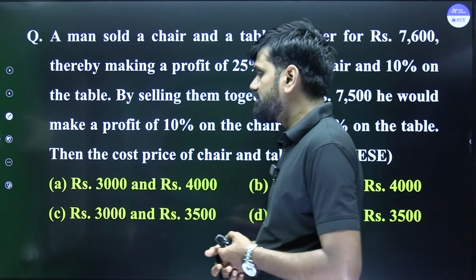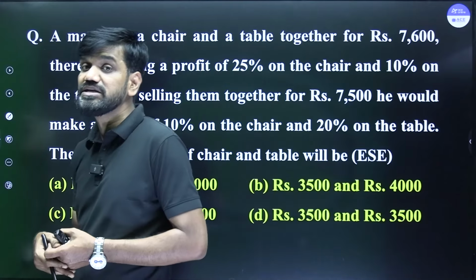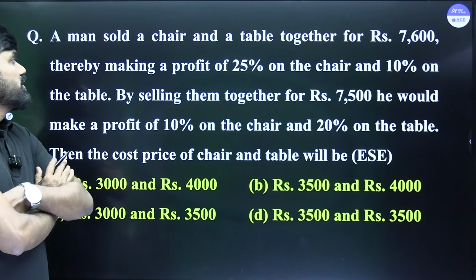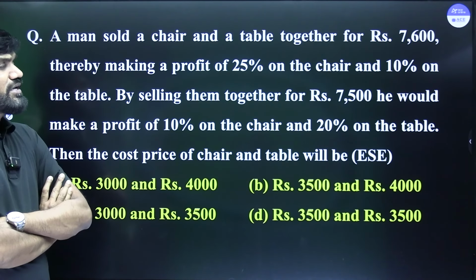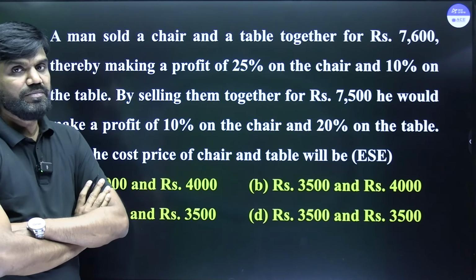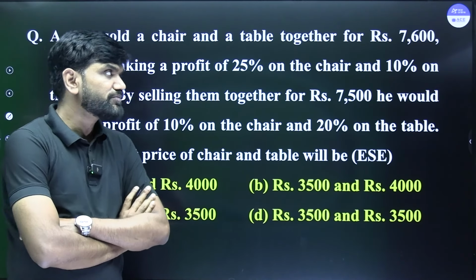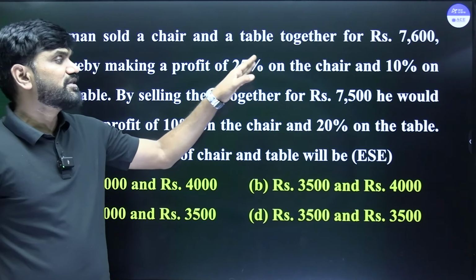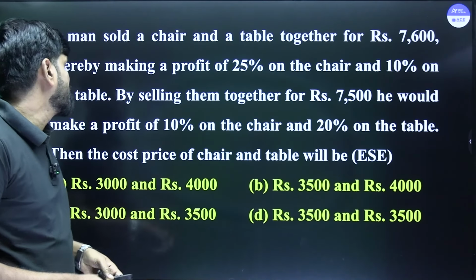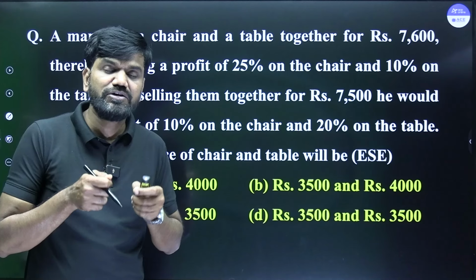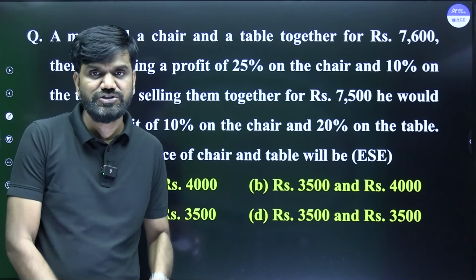Look at this. This is a problem I have taken from UPSC Engineering Services exam. Read that. A man sold a chair and a table together for rupees 7,600. If they give you combined prices, go by equations. Thereby making a profit of 25% on the chair and 10% on the table. So if there is a profit of 25% on the chair, he is collecting 25% more than the cost of the chair.